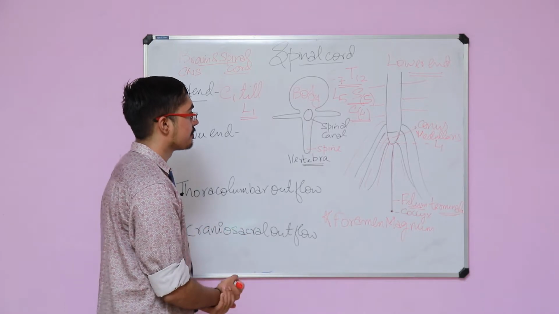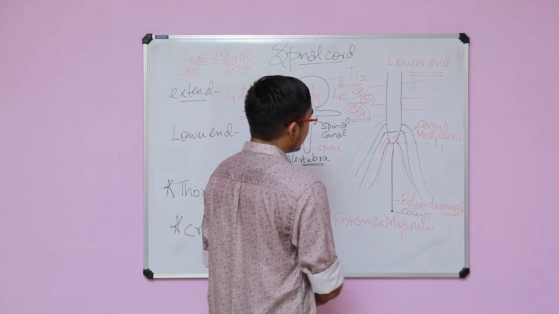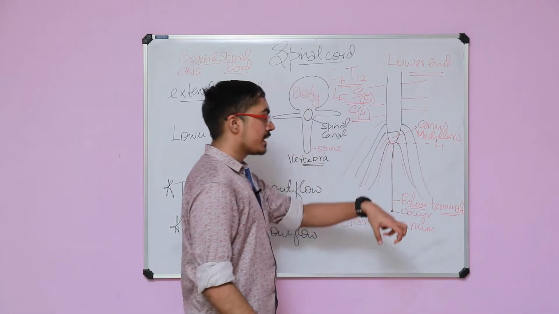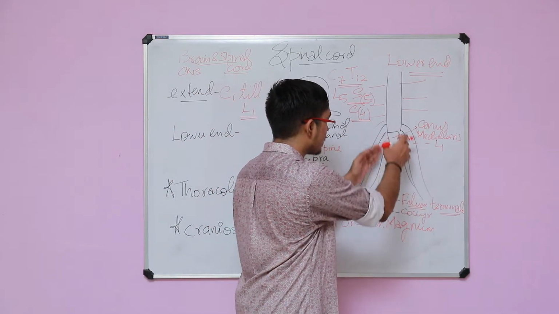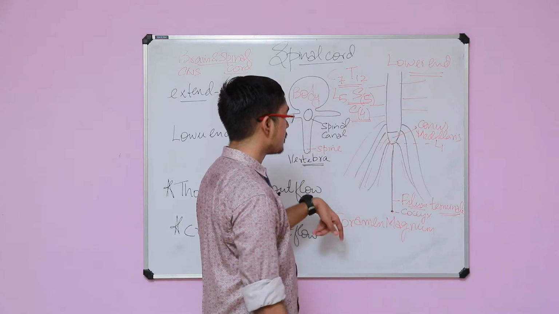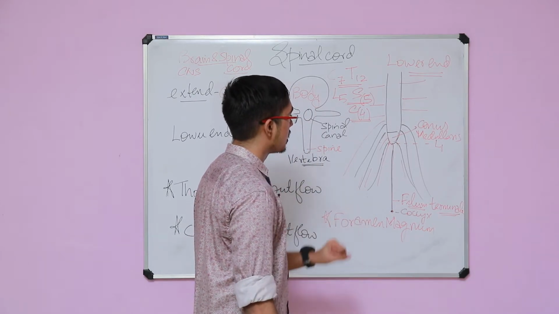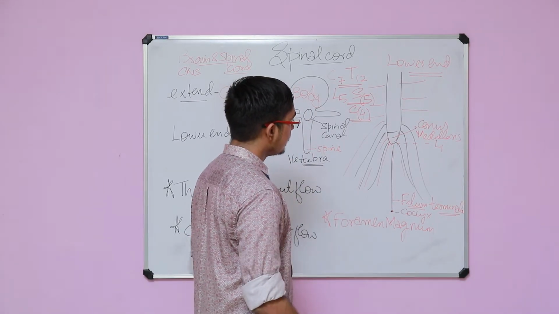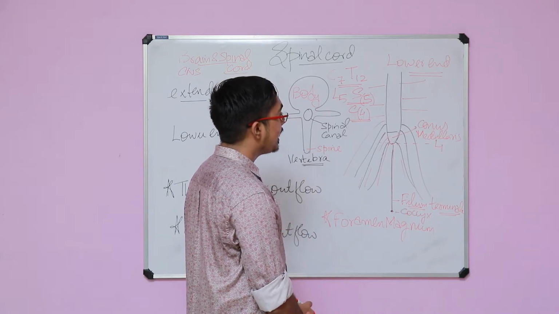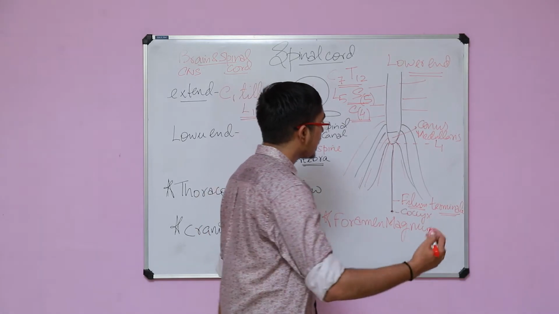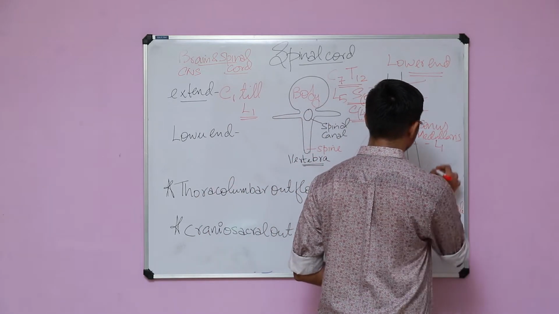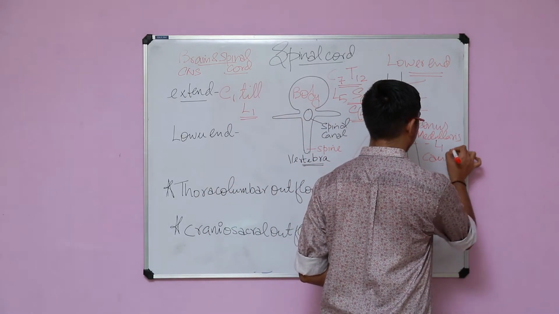respective foramina, right? So when you take the spinal cord out of the human body and look at it, you will see that a lot of hair-like structures are coming down. These are the nerves which are supposed to come out through their respective foramina lower down. And this is actually compared to the tail of a horse. A horse tail looks like this particular picture, and that is why they call it cauda equina.